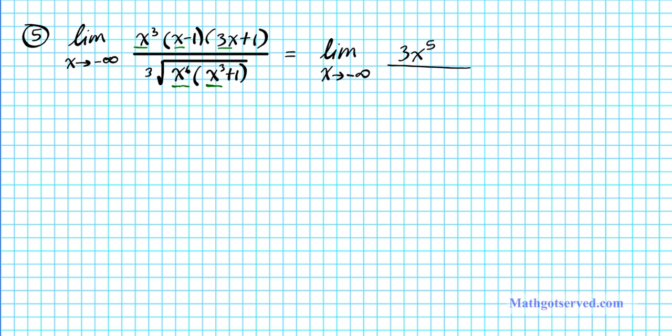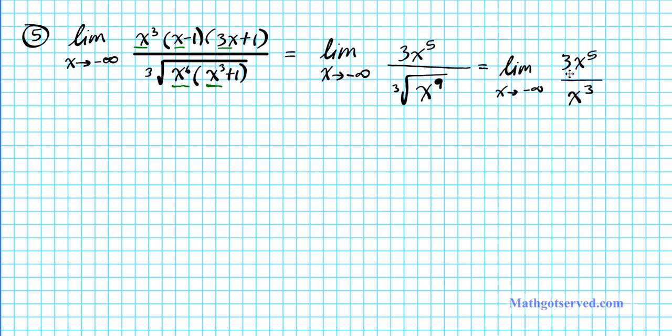That will leave me with the third root of x to the... Now what do you do when you multiply exponents with the same base? You add the powers, right? So it's x to the 9th. Let's simplify this further. We have the limit as x approaches negative infinity of 3x to the 5th over the third root of x to the 9th, which is the same thing as x to the 9 over 3, which is going to be x to the third power.